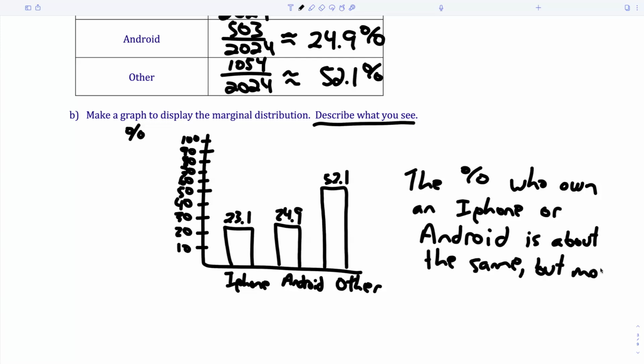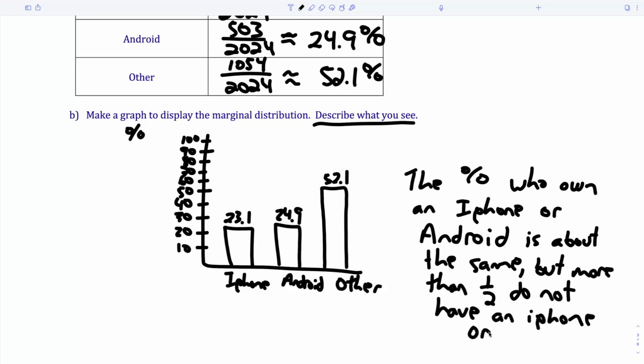But more than 1/2 do not have an iPhone or Android.